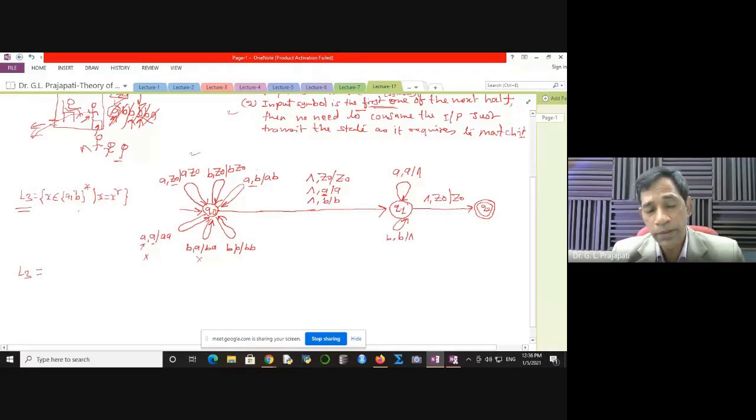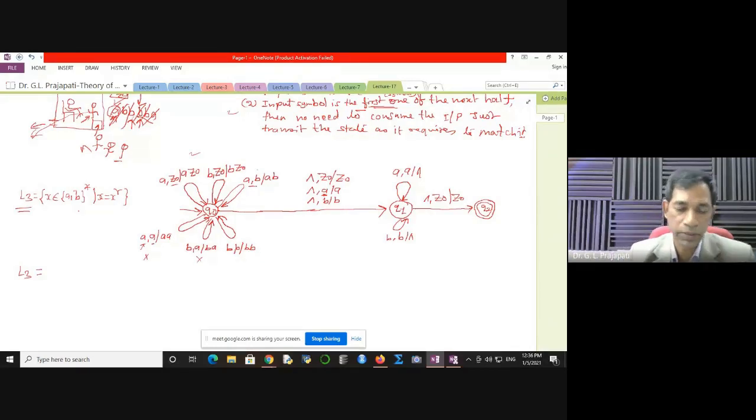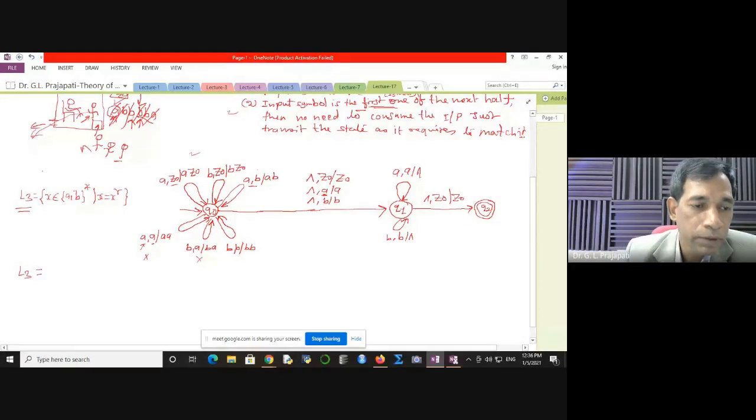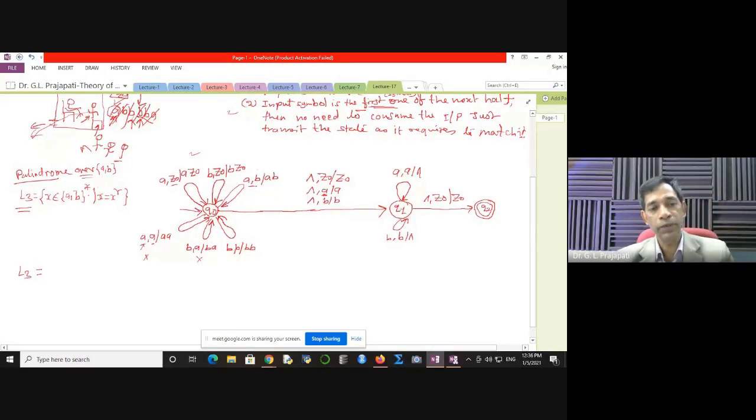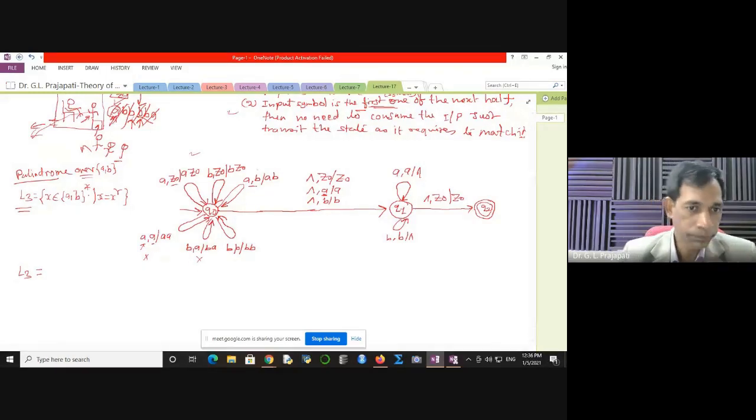So this is a more complex language, a more general language of Palindrome, over the alphabet A and B. You have the symbols A and B, and this is the language of Palindrome. Now, what will you do?